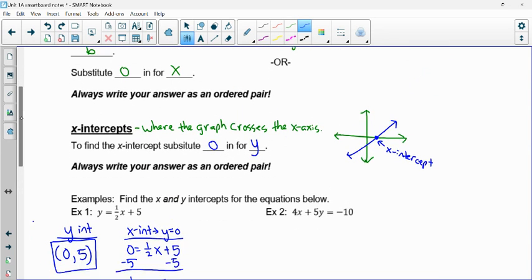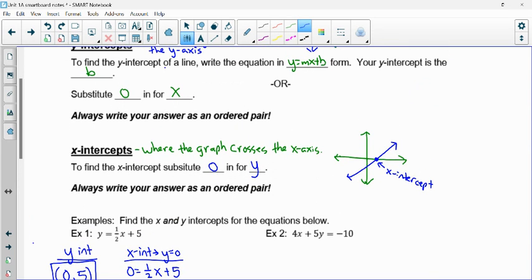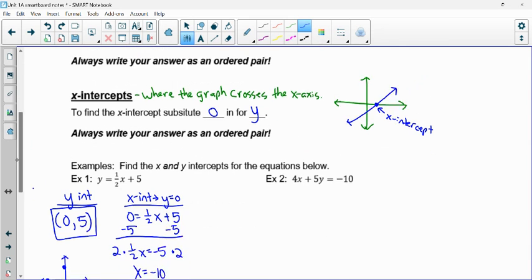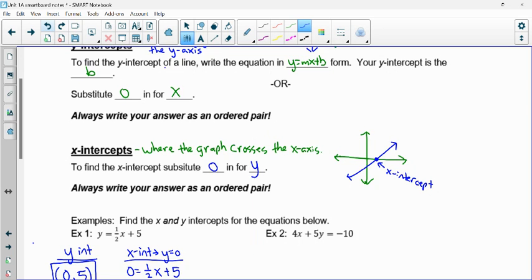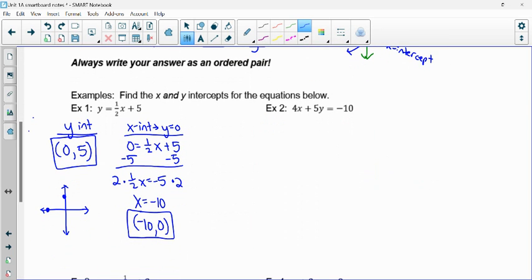So since it's not in slope-intercept form, to find the y-intercept, we're putting 0 in for x. And again, always remember, opposite letter equals 0. So to find the y-intercept, we're doing x equals 0. And when I want to find the x-intercept, the opposite to x is y. I'm going to put 0 in for y.